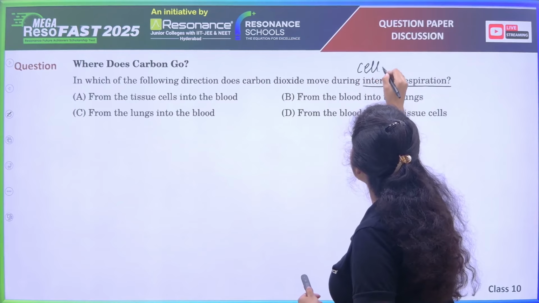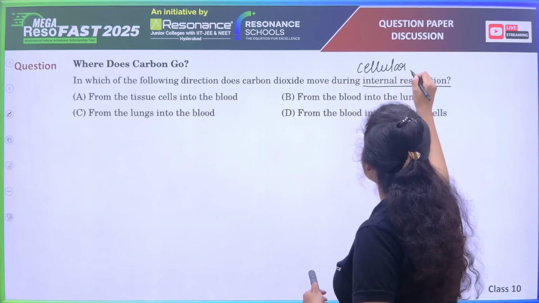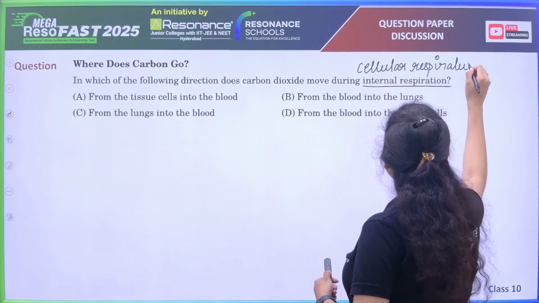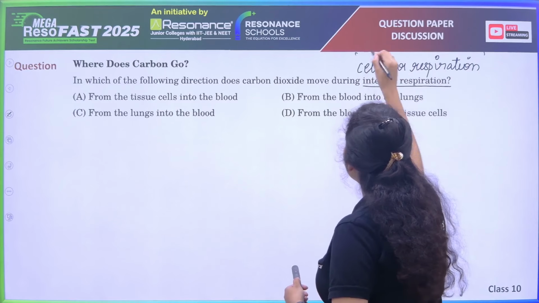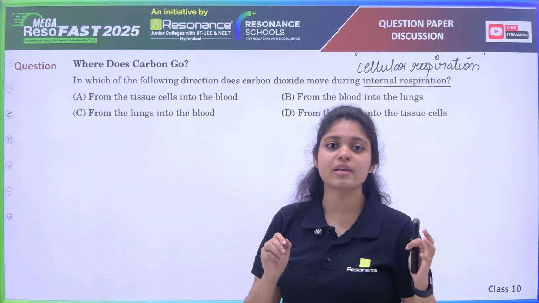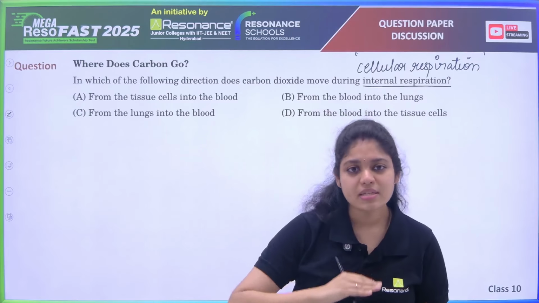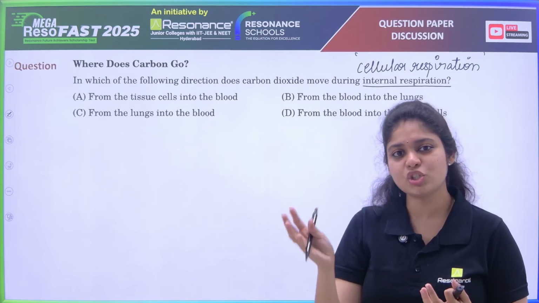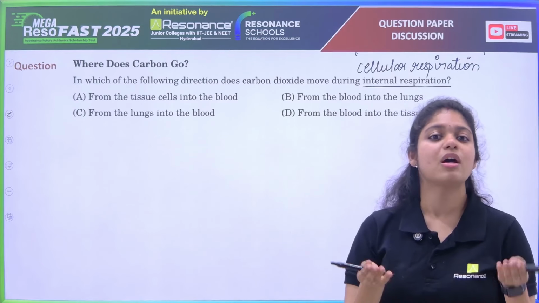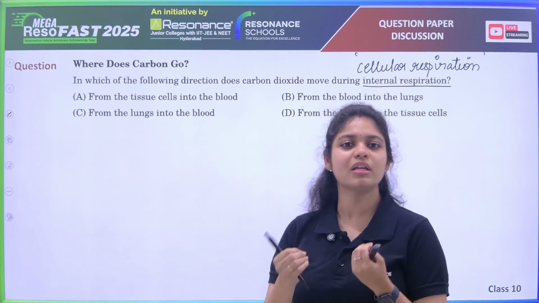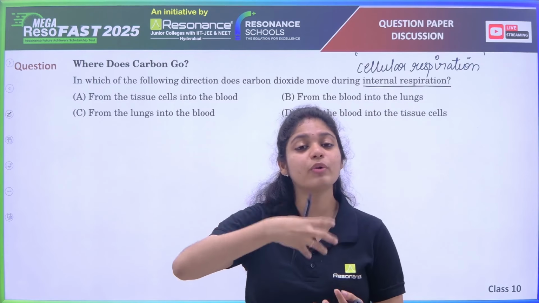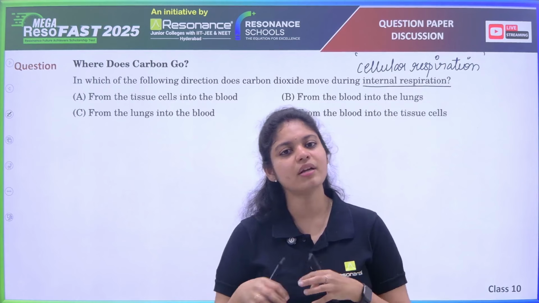Internal respiration is also called cellular respiration. Cellular respiration is the exchange of gases which takes place at the cellular level. So what exactly is happening? The oxygen is moving into the tissues. Whatever glucose it has, the simpler substances, they are being oxidized and it will give out carbon dioxide and energy.